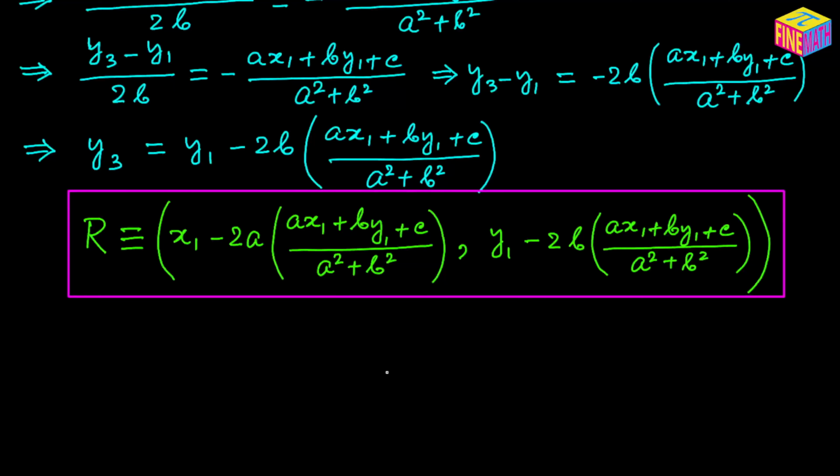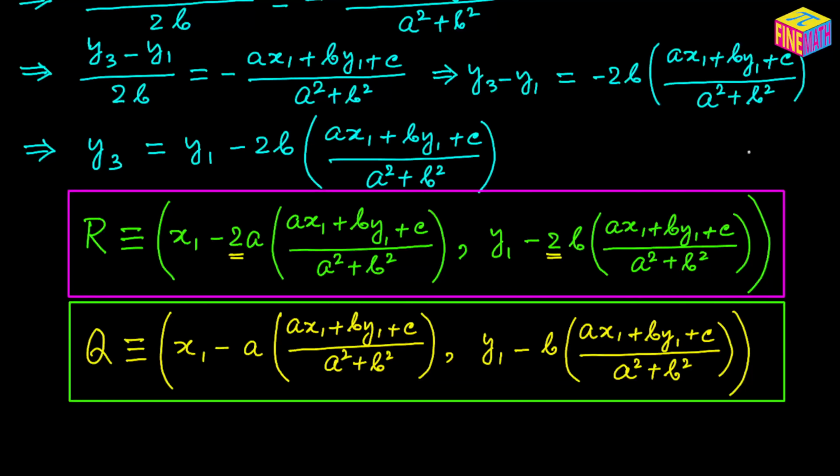And if you carefully look at the coordinates of Q and coordinates of R, the only difference you are going to notice is this extra 2 right here. This extra 2, let me underscore here. So this extra 2 right here is the only difference between the coordinates of Q and R. So let me quickly make a note of the coordinates of Q here as well.